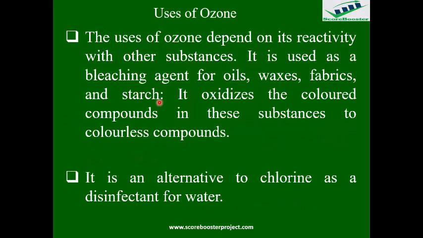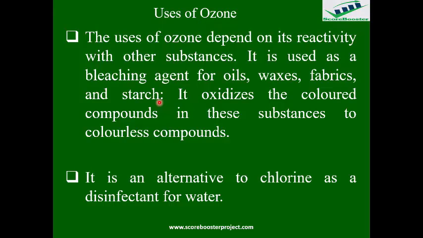How ozone is used. The use of ozone is generally based on its reactivity with other substances. If ozone can react with other substances, then ozone is very useful in that aspect. Now, in bleaching agents, like if you want to remove oil or waxes from other substances, ozone is used.